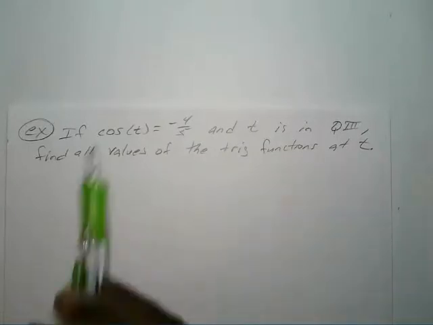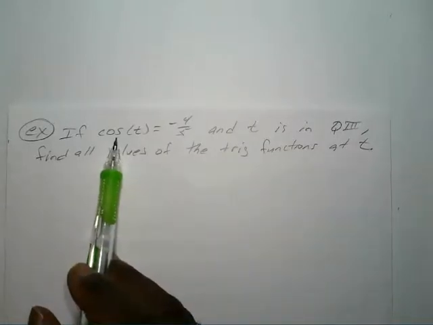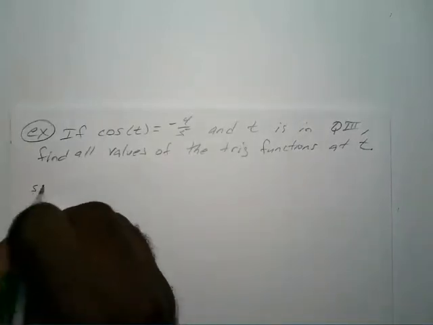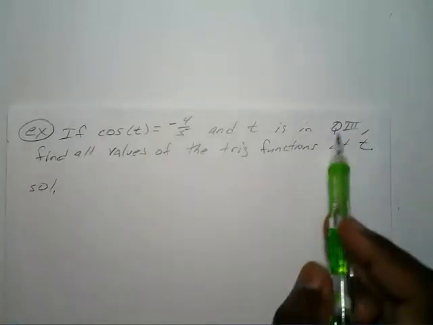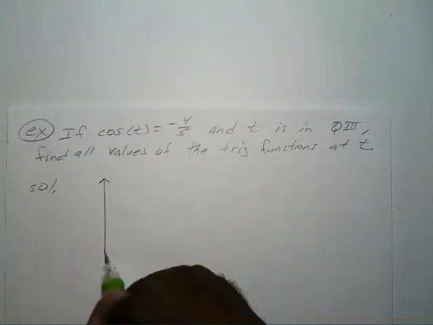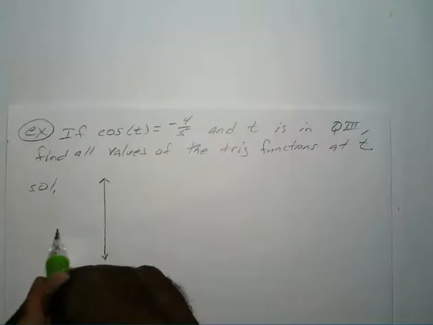Okay, so now we all know that sine and cosine is what we're looking for. Once we find our sine and cosine, we're good. We know it's in quadrant 3, so we're going to draw a little XY axis to help you visualize.